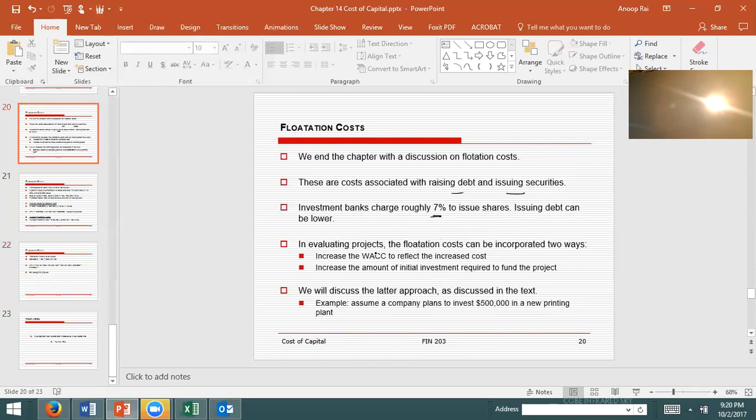So how do we incorporate these costs? We call them flotation costs because this is what it takes to float an issue, either a bond issue or a stock issue. So from that word came flotation costs. Well, there are two ways to do that.